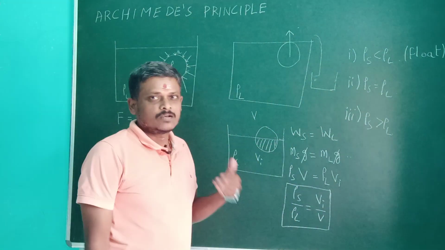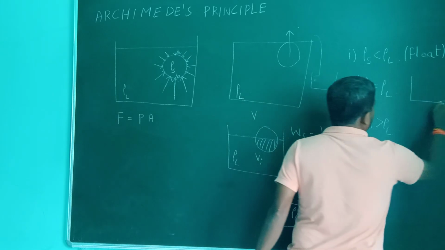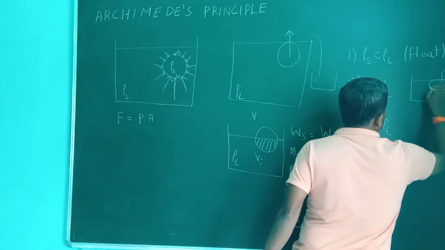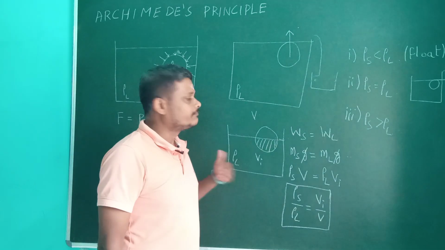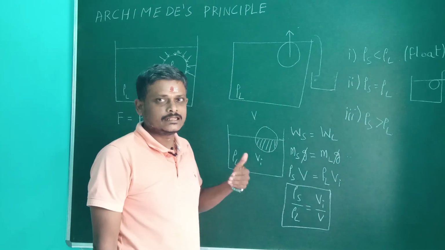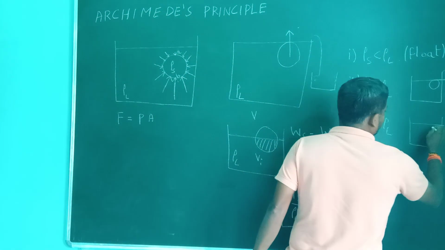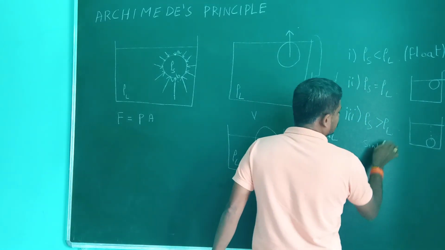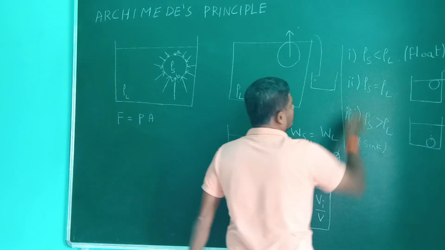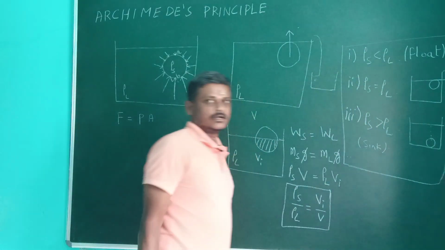If density of the solid body is equal to density of the liquid, in this case, the total body will be immersed in the liquid. If density of the solid body is greater than density of the liquid, then the body will sink. These three are called laws of flotation.